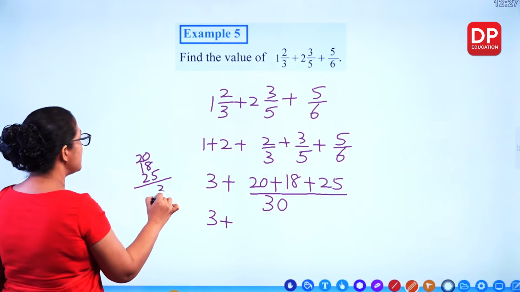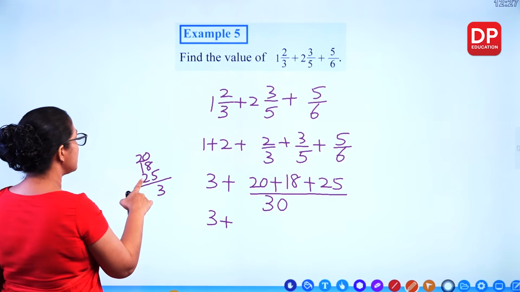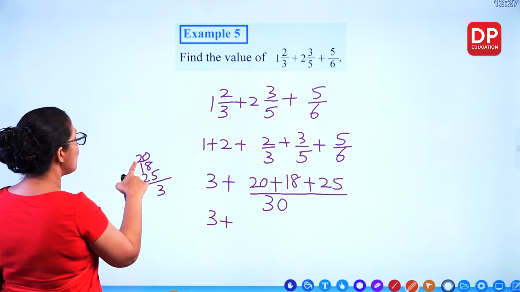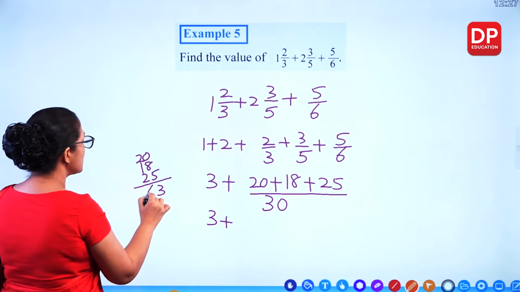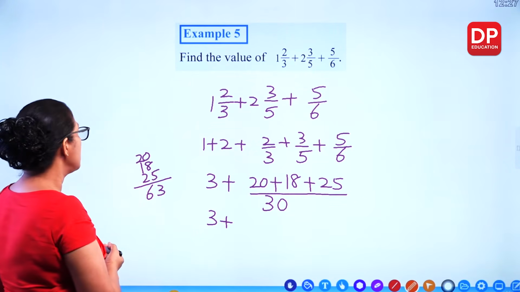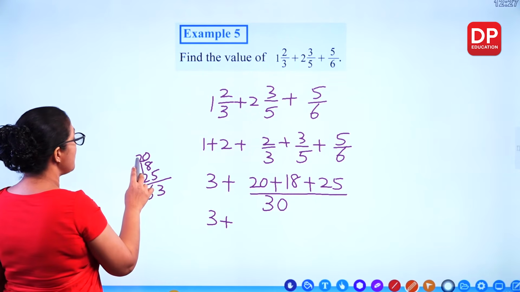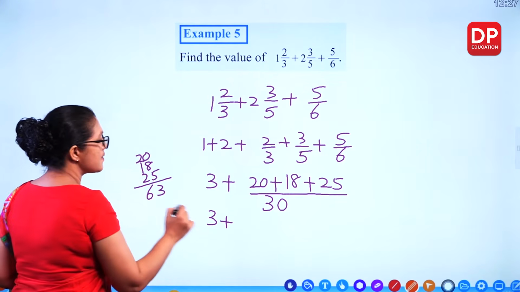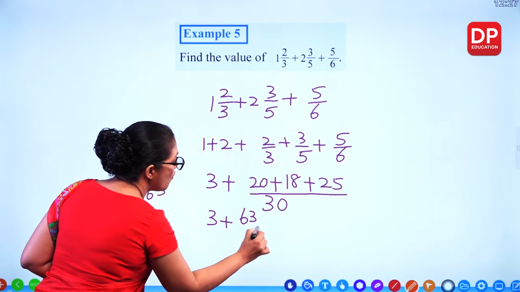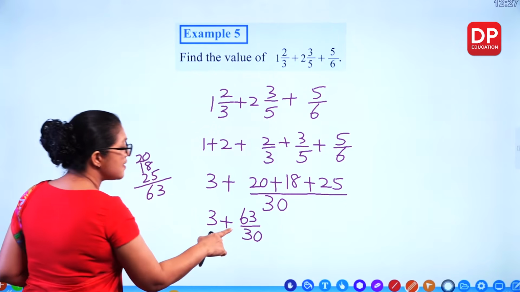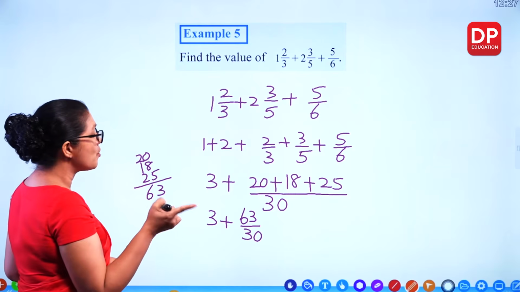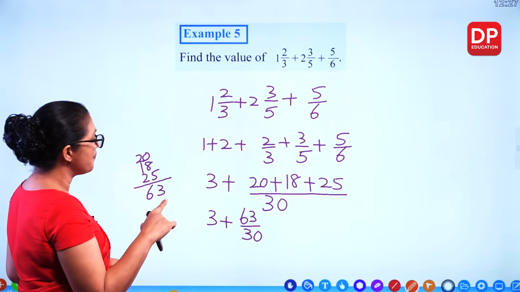8 plus 5, 13, 1 remaining. That's 3 plus 1, 4, 4 plus 2, 6. Add it again, 20, 18, 25. 13 and 1 remaining, and 63. So 63 over 30. Now this is an improper fraction, so you can convert to a mixed number.